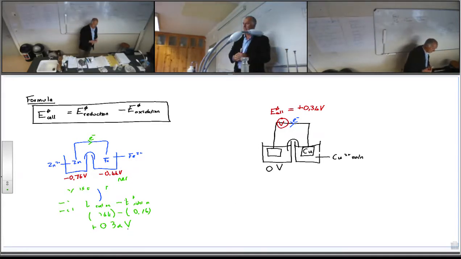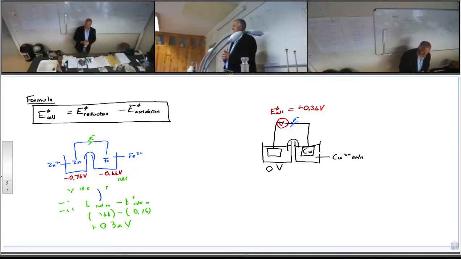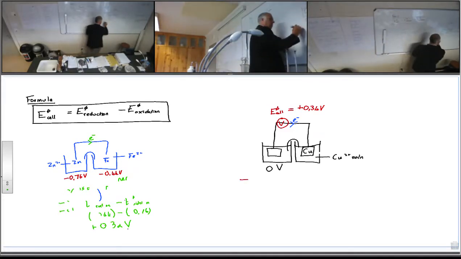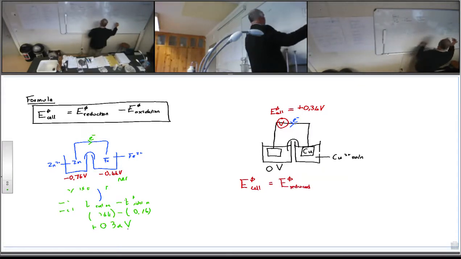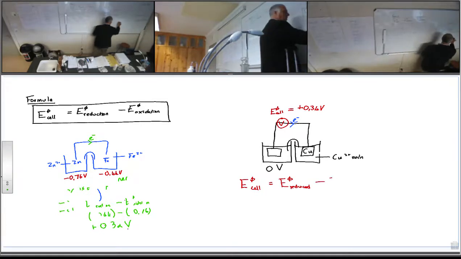What does that mean? Well, what's your formula? E naught of the cell is equal to E naught of the reduced, is reduction, whatever, please just bear with me, minus E naught of the oxidation.